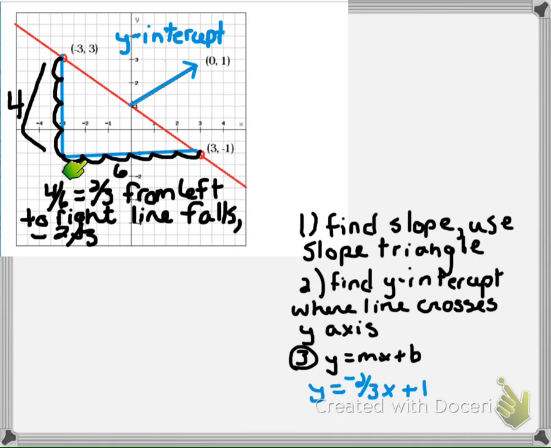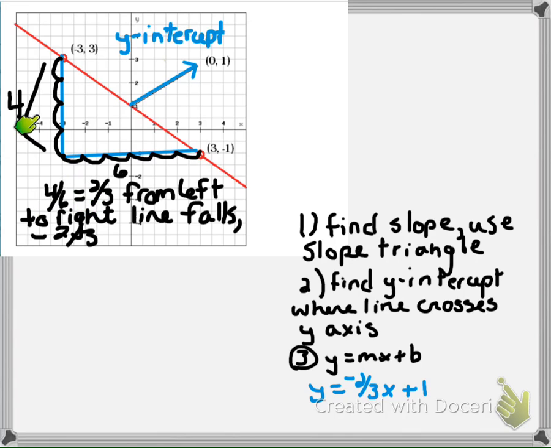So here I go: 1, 2, 3, 4, 5, 6. The run is 6. So on my slope triangle, rise over run, 4 over 6, I'm going to get 2/3. 2/3 is just the simplest form of 4/6, because 4 divided by 2 is 2, and 6 divided by 2 is 3.